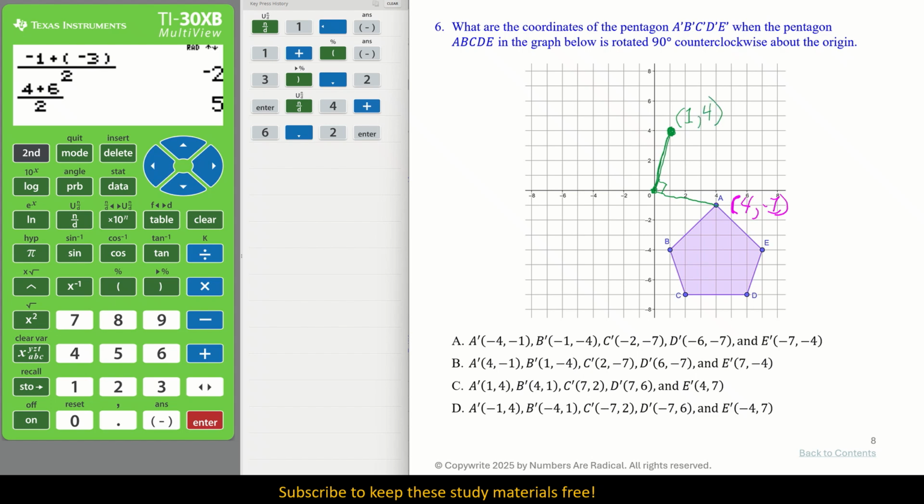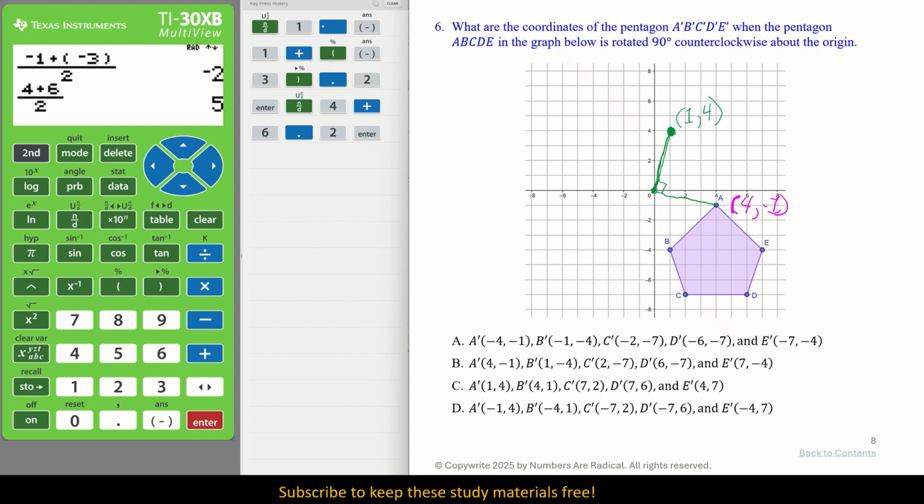So this tells me that everything that is in quadrant 4 is going to move to quadrant 1. The values themselves, let's say absolute values, will flip places. So we take the absolute value of all the numbers and switch their positions, okay?